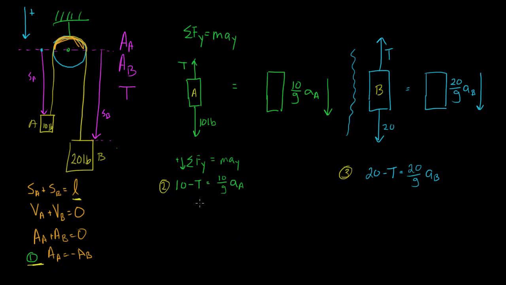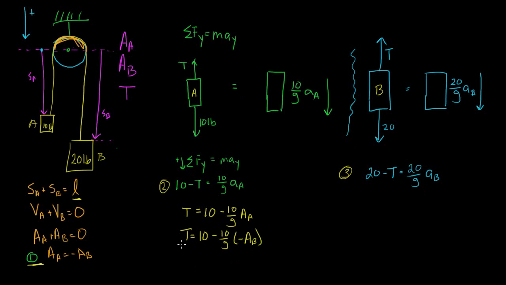So let's solve for T, and we get T is equal to 10 minus 10 divided by g times the acceleration of A. And let's put in our relation between the accelerations, so T is equal to 10 minus 10 over g times a negative AB.